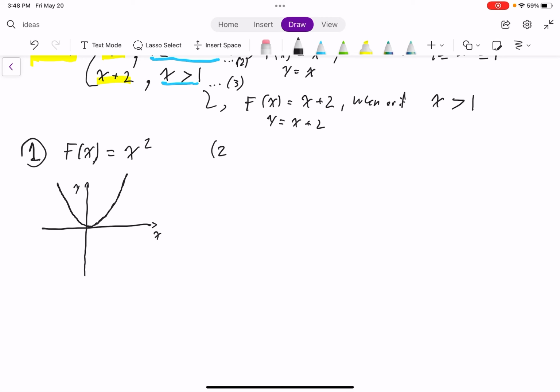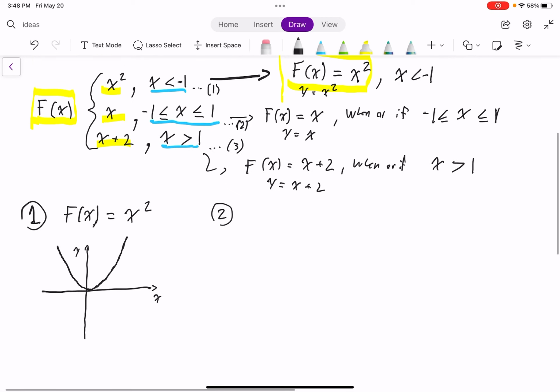And if we have 2, which is right here, we have f at x equals x, or y equals x.